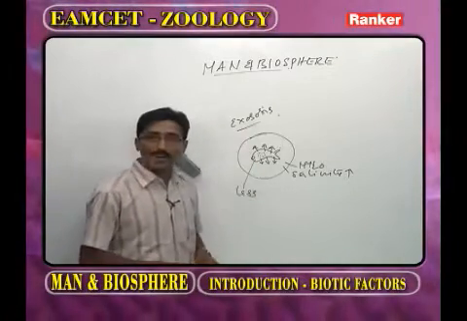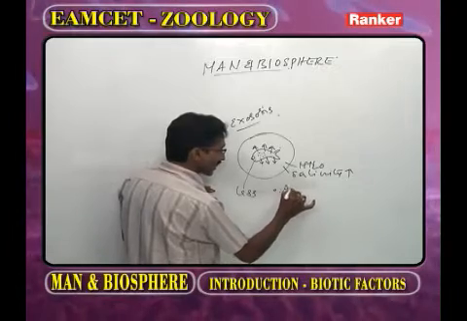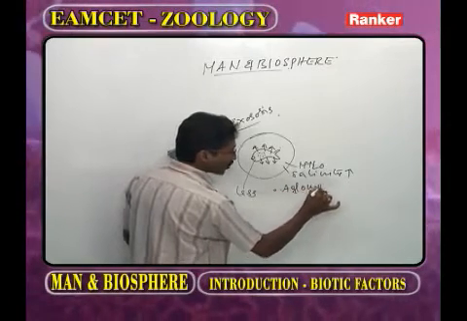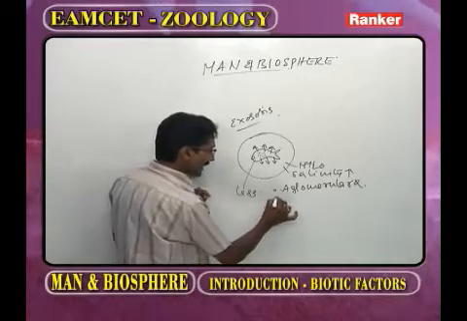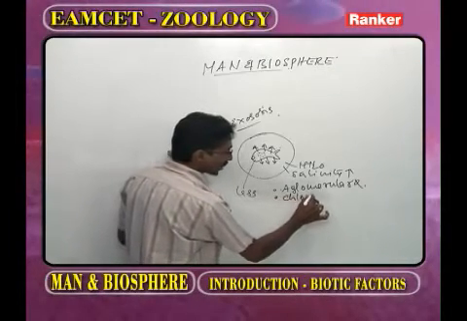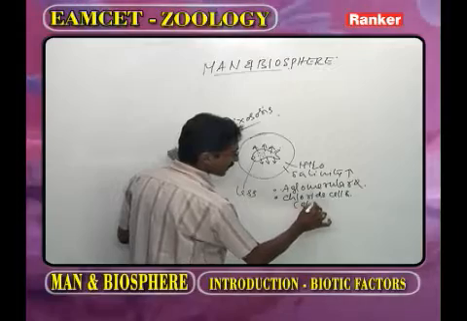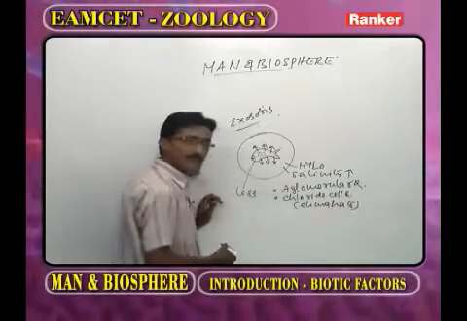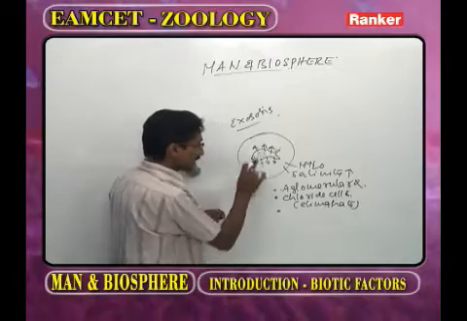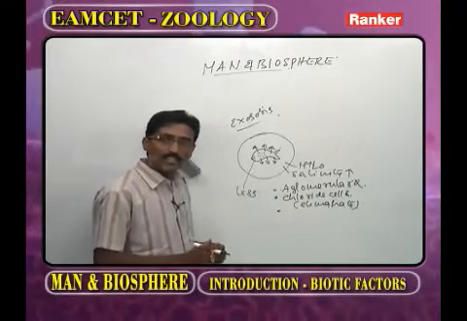In order to avoid exosmosis, what type of adaptations? One is the aglomerular kidney. And the second one is the chloride cells. The chloride cells eliminate the salts.